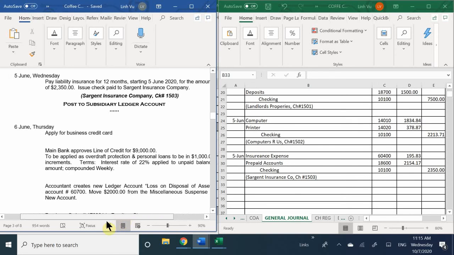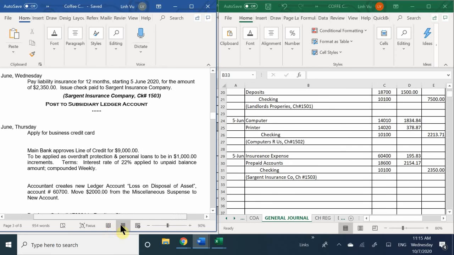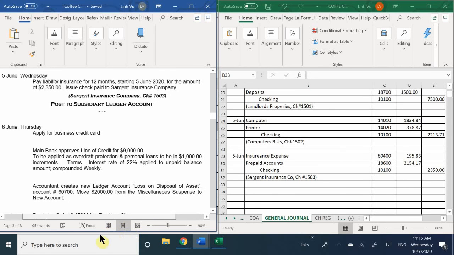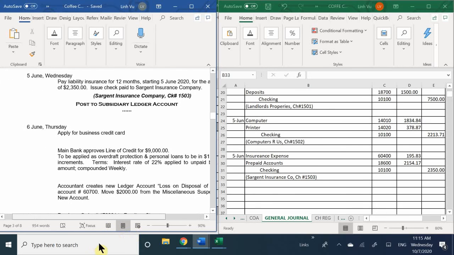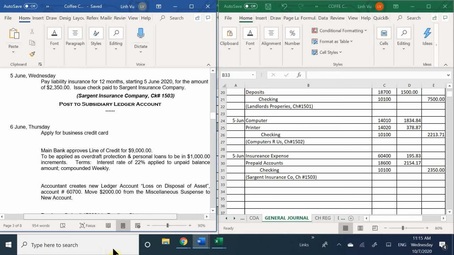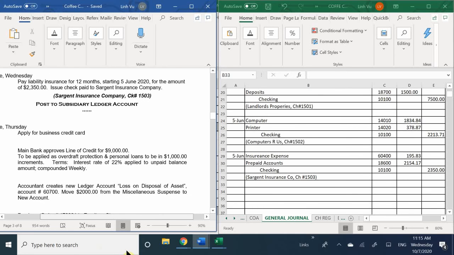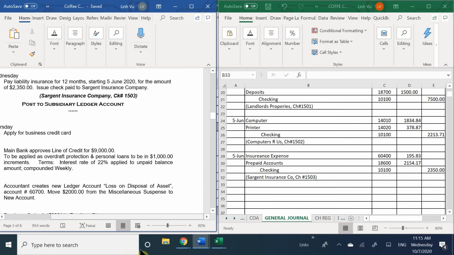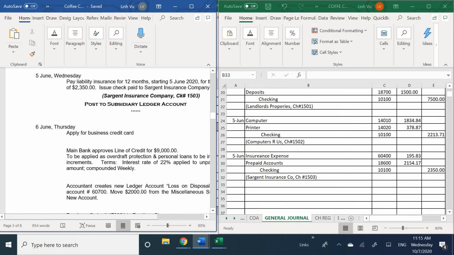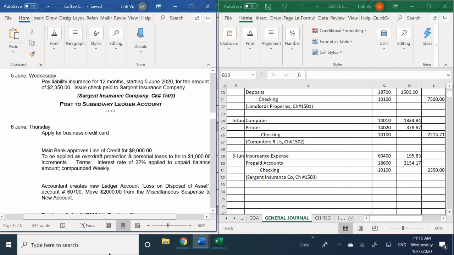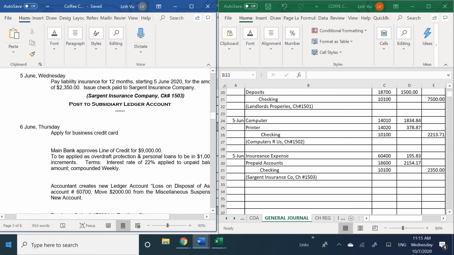And it's only used and only applies if you go over your bank in accordance for $1,000. And terms and interest rates are it's going to be 22%, and it's going to be applied on the unpaid balance in your account. Okay, so with this piece of information, right?